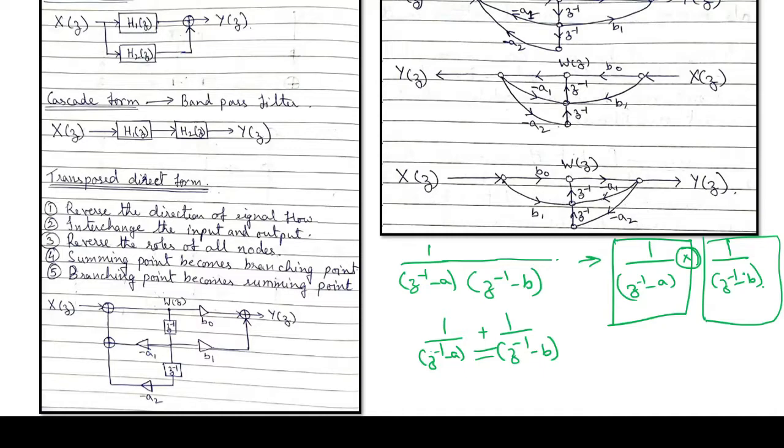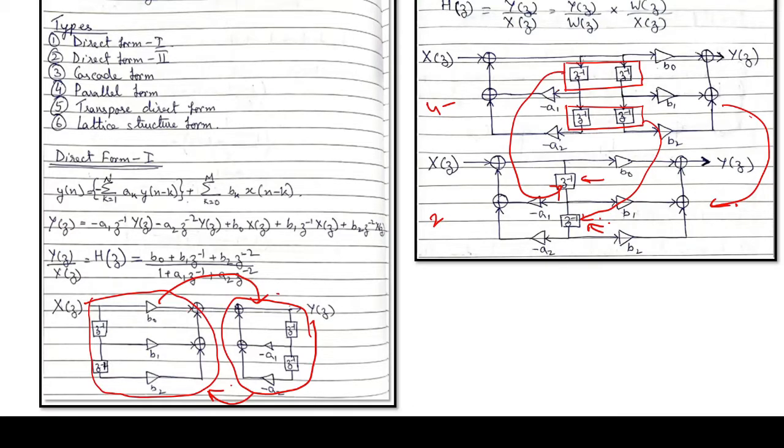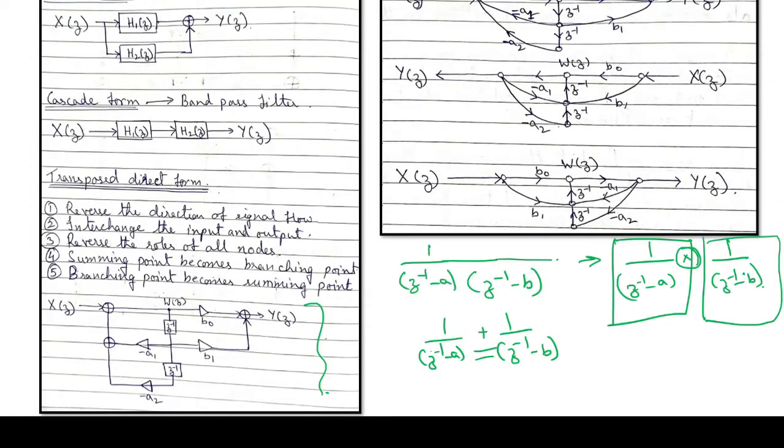Okay, then coming to the transposed direct form. In the transposed direct form, if you see, we have a signal flow graph or the realized filter over here. This is the filter we will be discussing. The same thing, we have implemented it over here with certain modification. This b2 is not there.